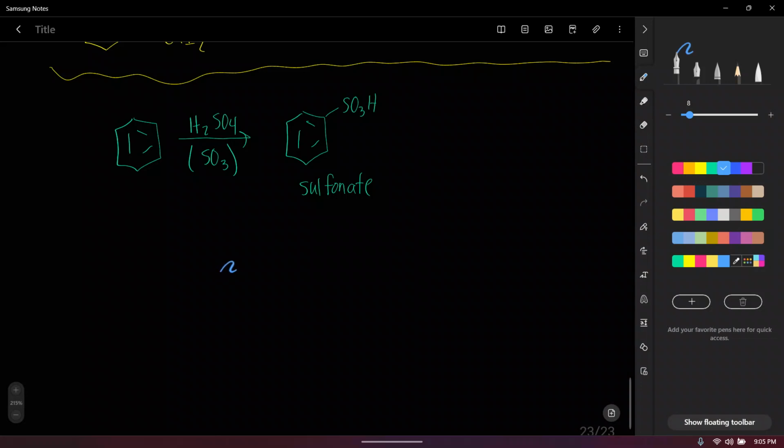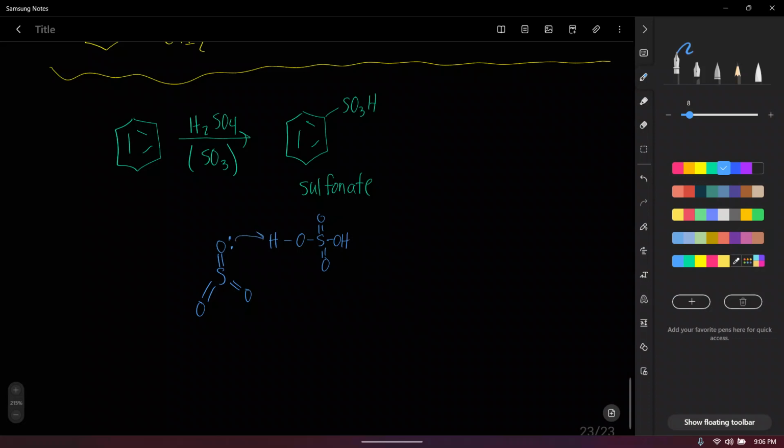So SO3 looks like this. And H2SO4 is an extremely strong acid, and because H2SO4 is an extremely strong acid, it will protonate, right?